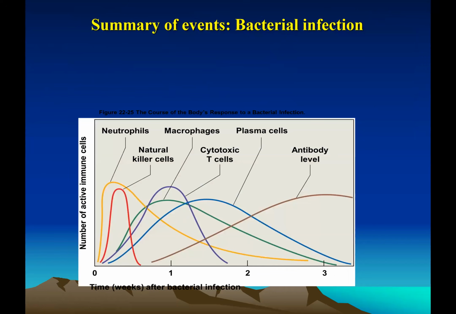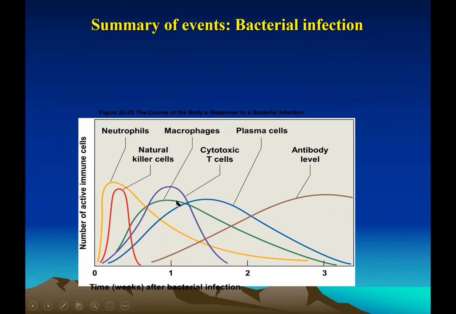This is the summary slide showing what happens when your body is infected by a bacteria. This is the number of which cell shows up, and this is time on the x-axis. Anytime a bacteria invades your body, the first police officers that are going to show up on the scene are neutrophils, followed by natural killer cells.